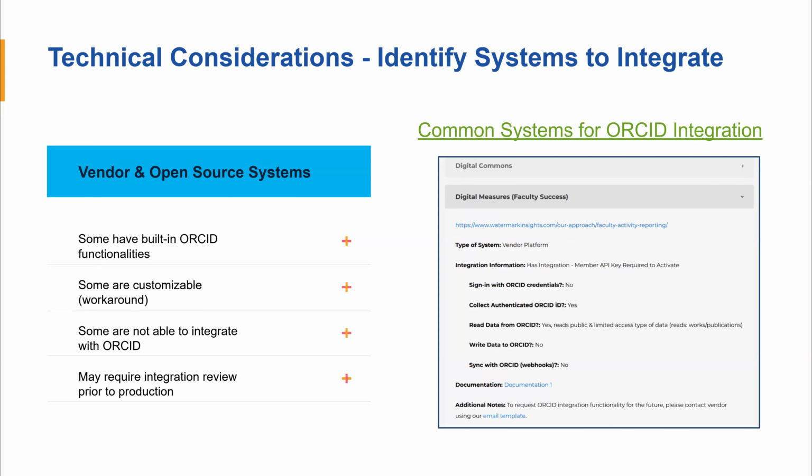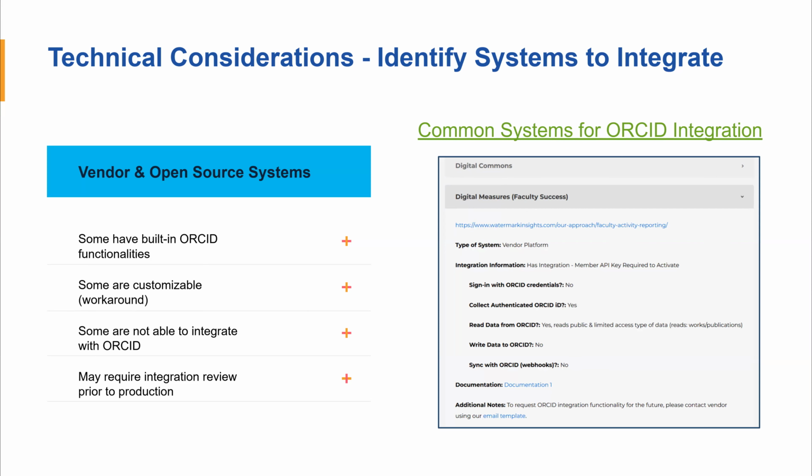That's why you might be looking at a custom integration. And a lot of these, once you make the integration, may also require an integration review from us. If you go into our common systems list for ORCID integration that Kayla just shared, you can take a look at the different systems that are available there and see what ORCID functionalities are possible within that system.